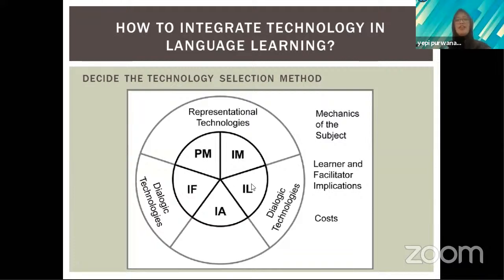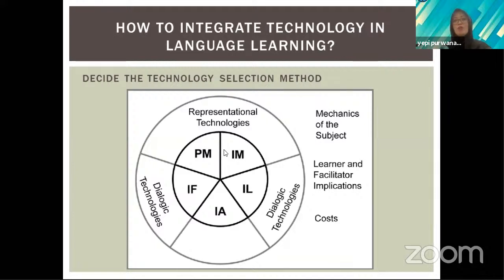And then we have also interaction between students. So not only teacher to student, but also student with students. How can we design?